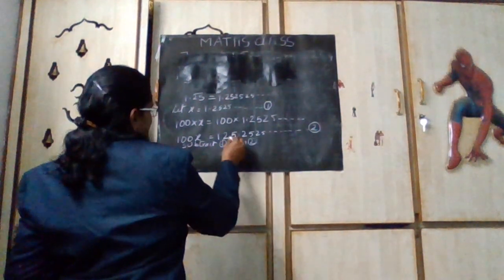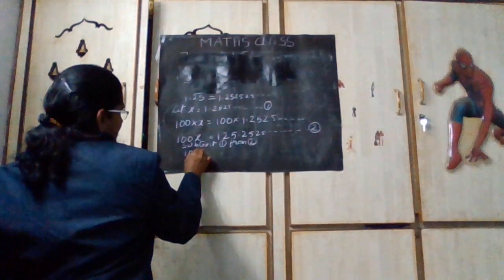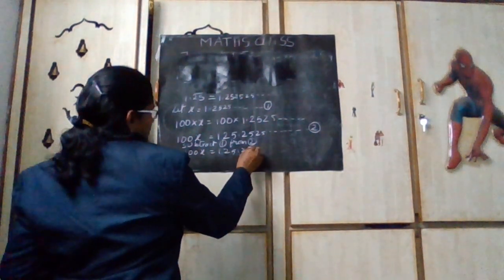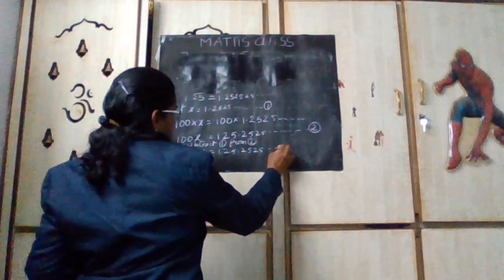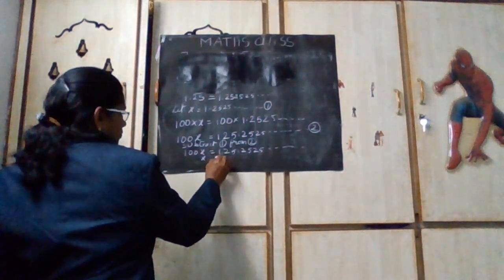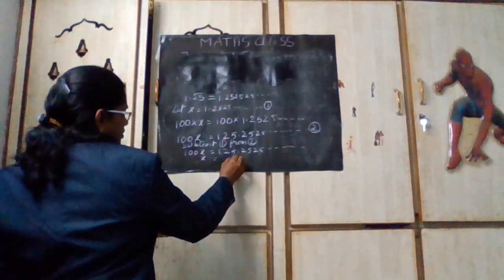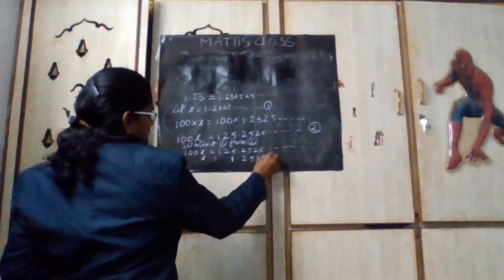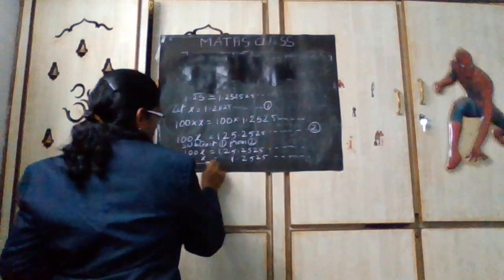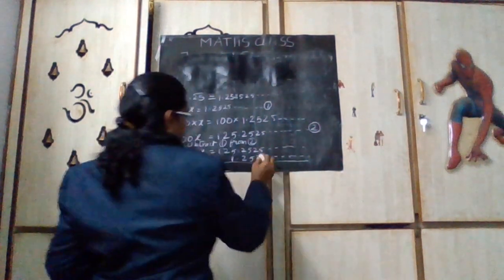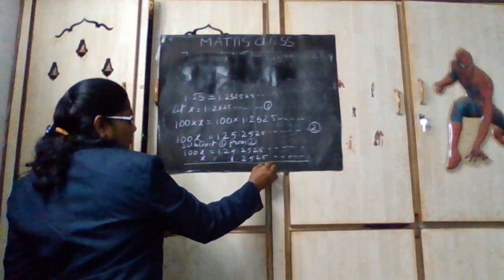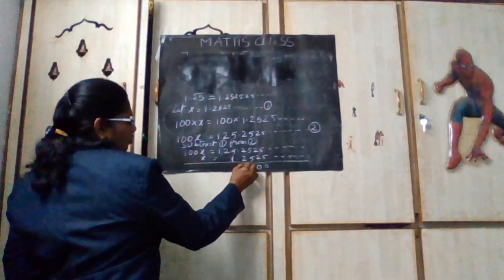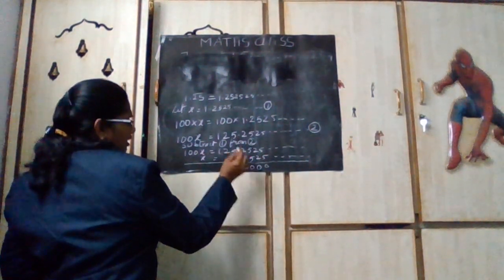What is the second equation? 100x = 125.25 and so on. x = 1.2525 and so on. Now subtract: 5 minus 5, 0. 2 minus 2, 0. 5 minus 5, 0. 2 minus 2, 0. Decimal.